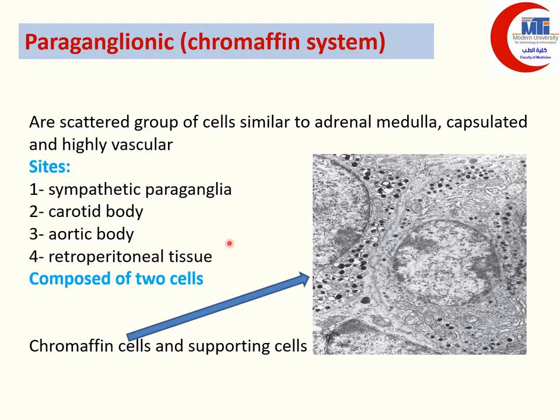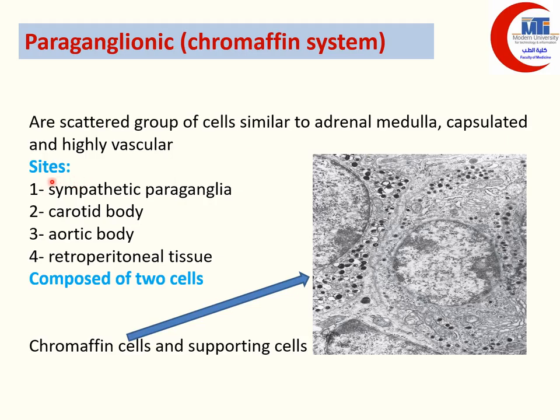Each group of cells is capsulated and highly vascular, as these cells secrete adrenaline and noradrenaline, so they are highly vascular and capsulated to support and protect themselves from surrounding structures.